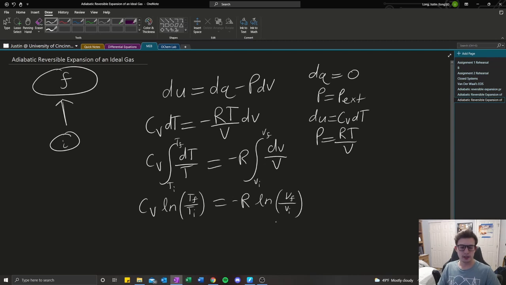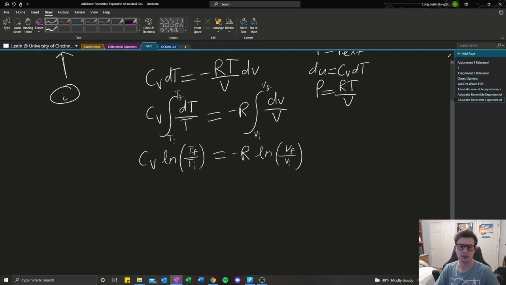And we don't want the natural log here, so we are going to apply some rules. We're just going to go ahead and manipulate this so we don't have the CV and the R terms, so we're going to divide this over, and then the natural log rules let us pull that up to the top.